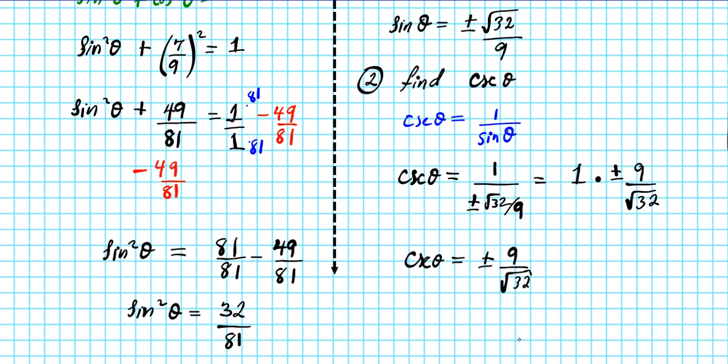Okay, now, you may not have a radical in the denominator, so let's go ahead and rationalize this radical denominator out. So we have root 32 times root 32, and that leaves us with plus or minus 9 root 32 over 32.